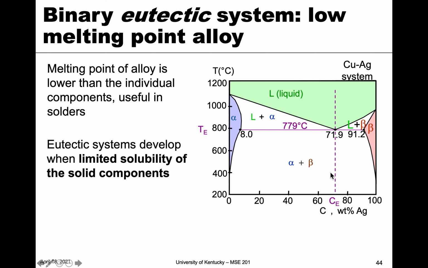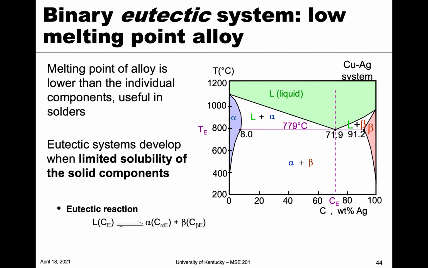However, in the middle, the main part of the diagram, instead of one solid, there's actually both alpha and beta. So basically what this tells us is that copper and silver don't really like each other. They don't meet Hume-Rothery rules, and therefore they're going to form a mixture and not form a solid solution. So that's what we have with a binary eutectic system.